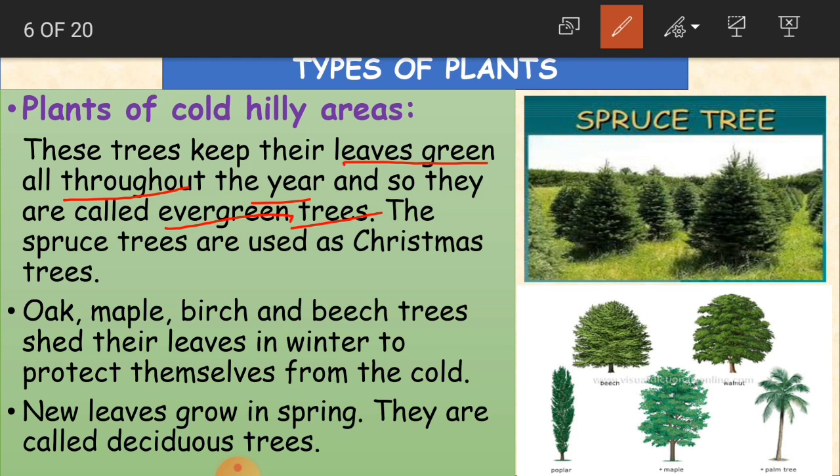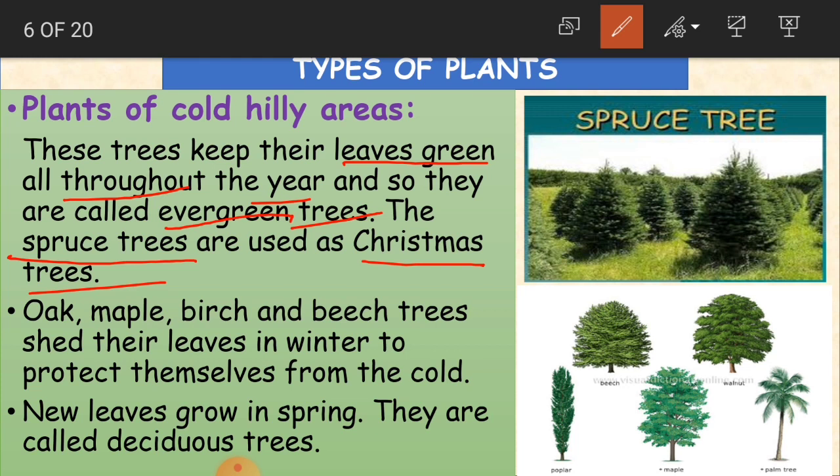But here, these leaves remain green throughout the year. They do not shed. That is why these are called evergreen trees. Clear, children? For example, the spruce tree, which is used as a Christmas tree. We call it the Christmas tree.